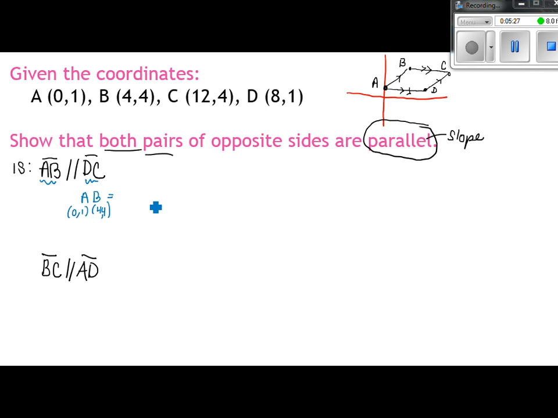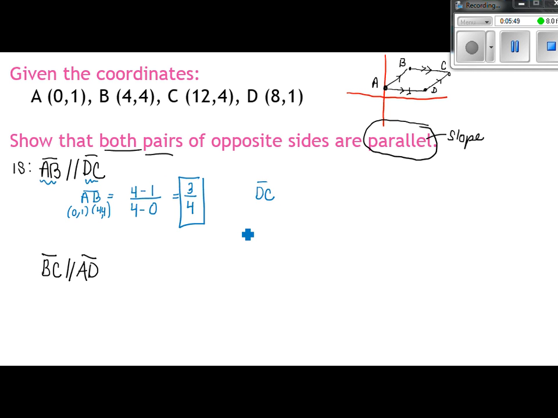The slope formula is the difference of the y's, so y2 minus y1 over x2 minus x1, and that would give me 3 over 4. So I have a slope of 3 over 4. Now I need to find the slope of DC.